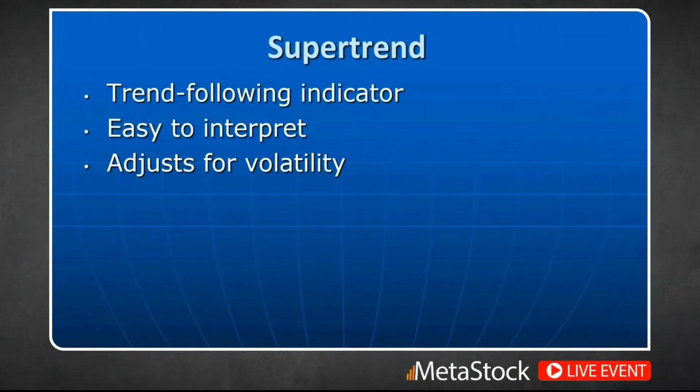The average true range adjusts based on volatility, meaning it can adjust depending on what the market is doing and how volatile it is. So it automatically adjusts for you.